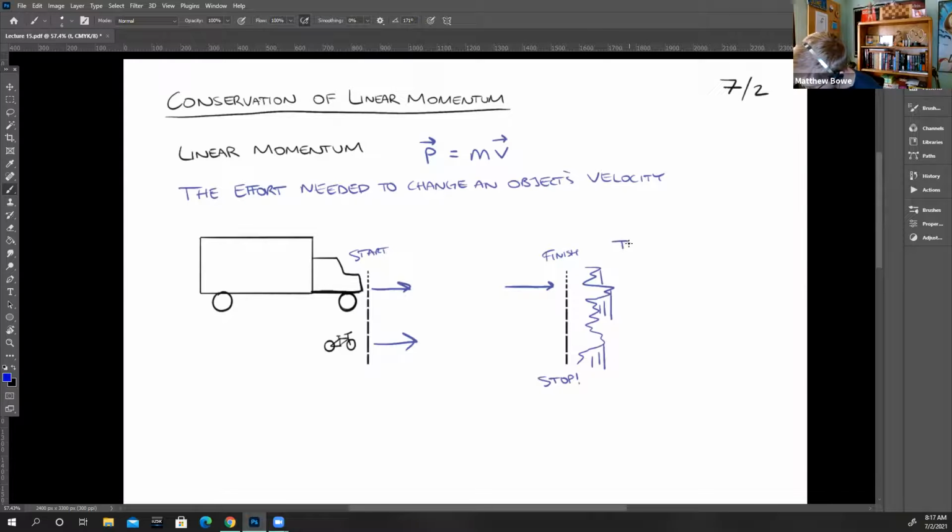Let me try to summarize. Truck, large mass equals large effort to start and stop. So that equals a large momentum.